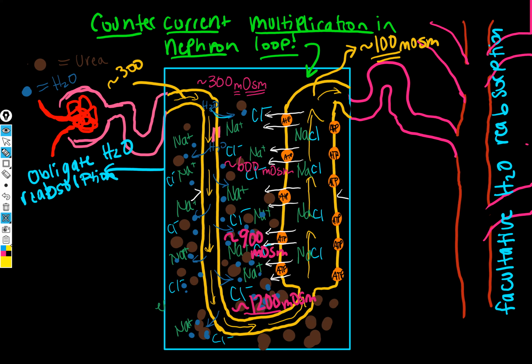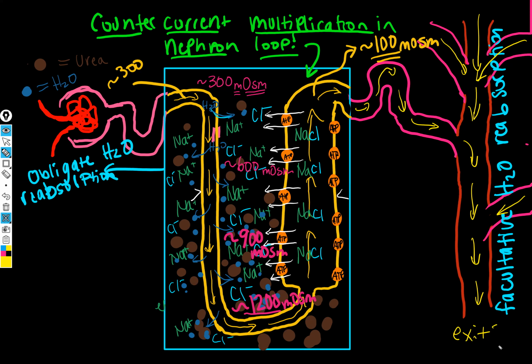So let me just redraw my little direction arrows really quickly. And then I'm just going to include the other DCTs that are plugging into my collecting duct, and then just say the exit is down there.